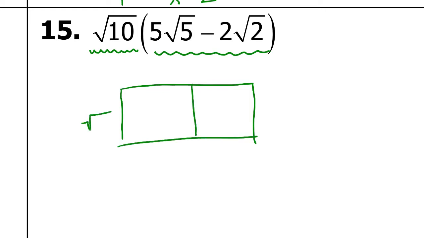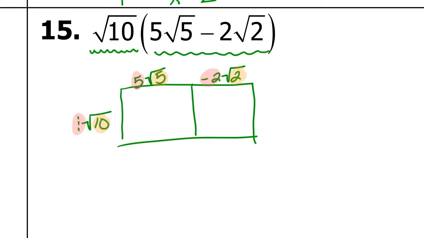So I'm going to have the square root of 10 and the square root of, or 5 times the square root of 5 minus 2 times the square root of 2. Now I'm going to go ahead and include my invisible coefficient of 1 in front of the square root of 10, just to help my eyes remember that coefficients multiply to coefficients and radicands multiply to radicands.